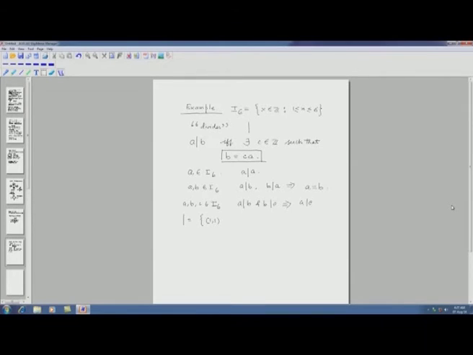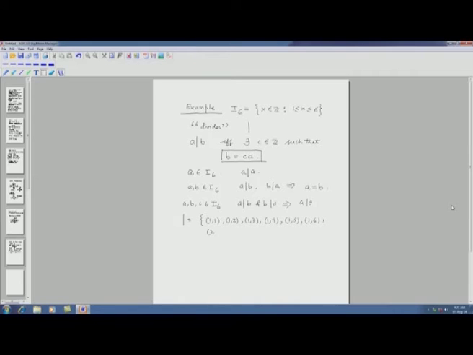Now, I would like to write down explicitly the partial order corresponding to this divides. So, see that I will have 1 1 and then I will have 1 2, then I will have 1 3, then I will have 1 4, then I will have 1 5 and 1 6.